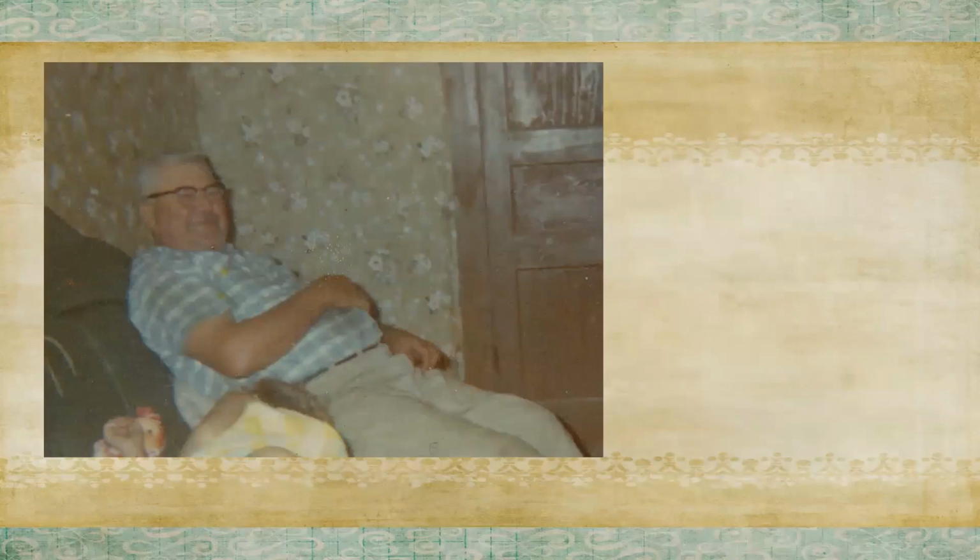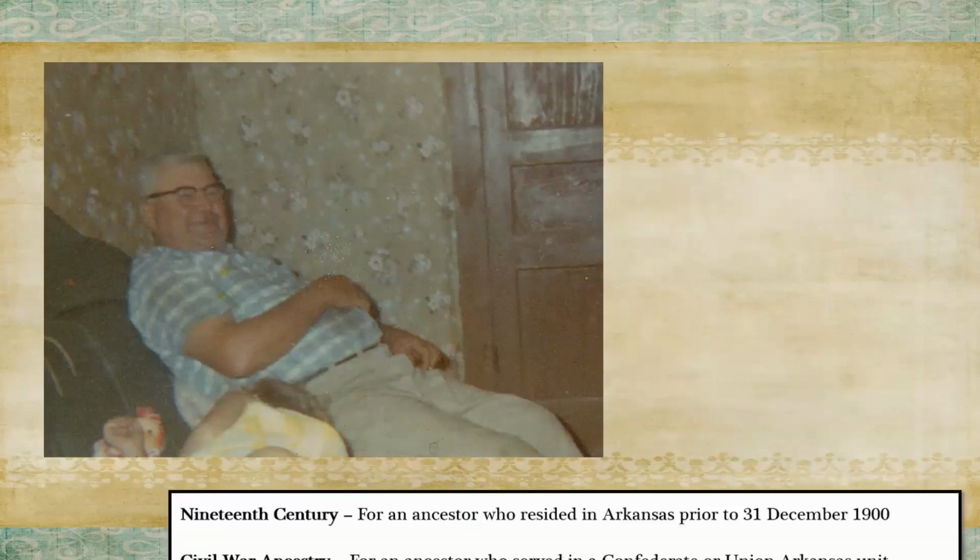This is my husband's grandfather, Robert Lee Smith. My husband and I are in the process of gathering information and documentation to allow Robert's grandchildren and great-grandchildren to qualify for an Arkansas Ancestry Certificate.